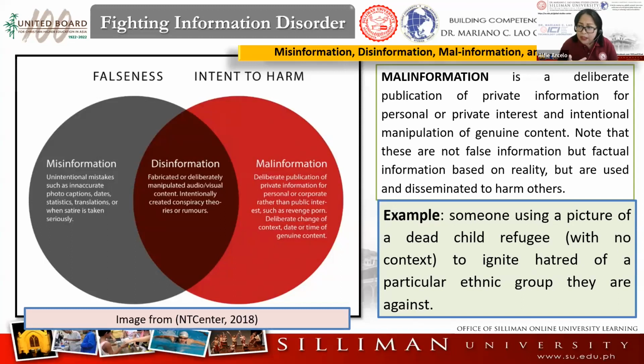It could be public or private information, yet it was shared in such a way that it could harm the person, or it is connected to a different type of information, like an image and a factual information that are not connected with each other.